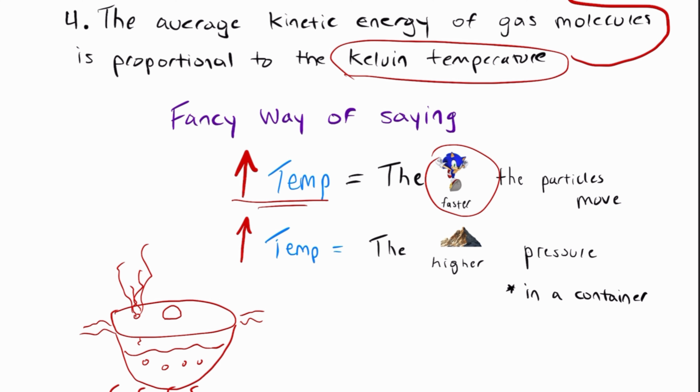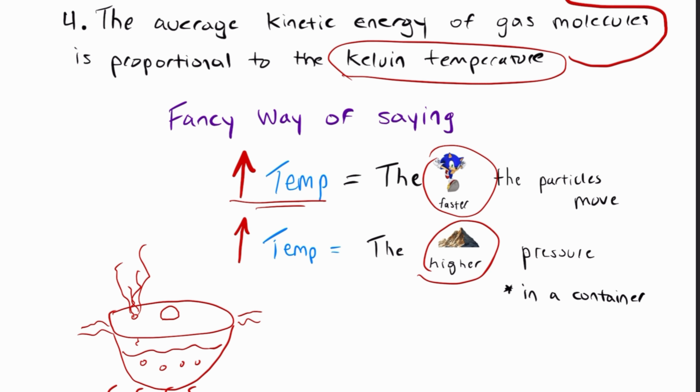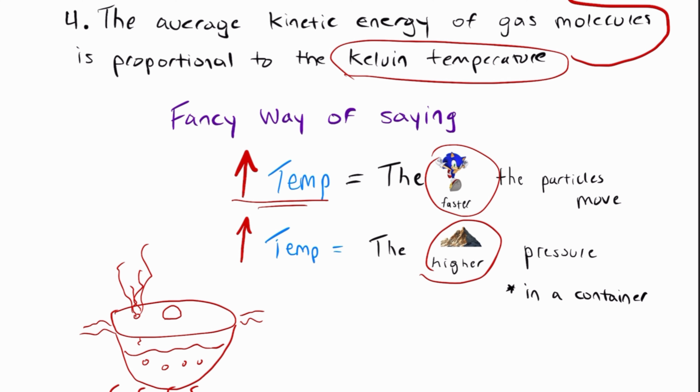And we know that kinetic energy, I don't want to get too deep into this, but think of kinetic energy as movement. The movement of these particles increases, and so does the temperature. The temperature increases, these particles move way, way faster, and pressure builds up.